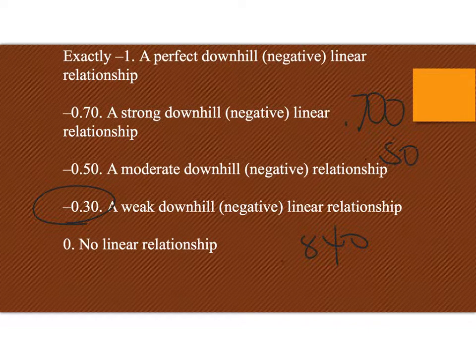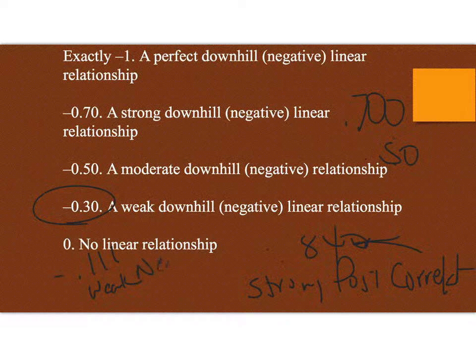So it would be a strong positive correlation at this number. Now if we do another number of 0.111, now we're down here at weak, so we could say a weak, make it negative, negative correlation. You can put linear in there, but we all know that.